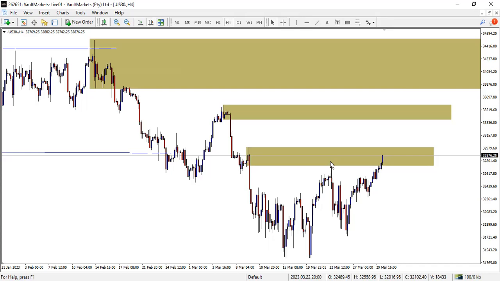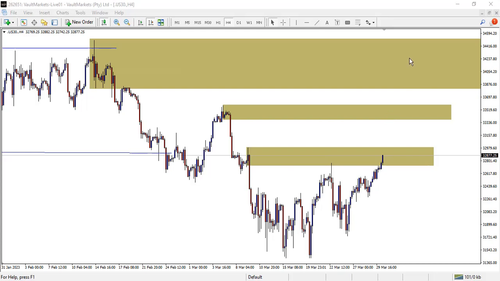Now we have price above this previous high. That liquidity has been taken as we speak. Where is the target then? The target is up here. This is the second inducement zone, and then the third target is up here, right?